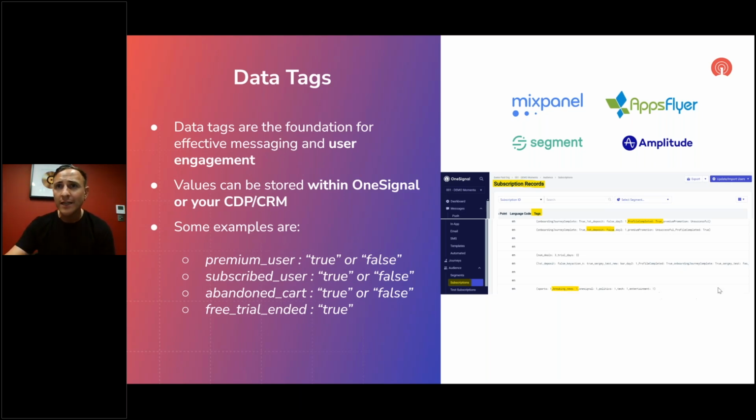As you can see here in the screenshot on the right, there is an example of the interest that I mentioned at the beginning. So breaking news equals 1. If this user has shown an interest in breaking news, and this one here also, and this one here also, we can later create a segment of users who are interested in breaking news. So we can send a very targeted notification.